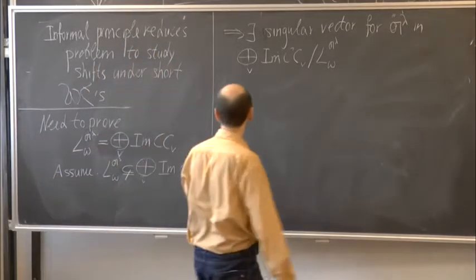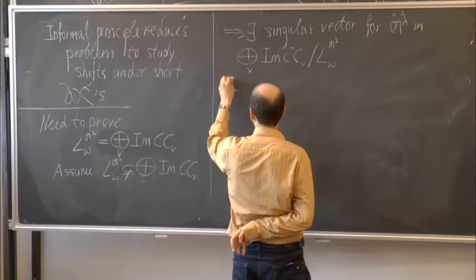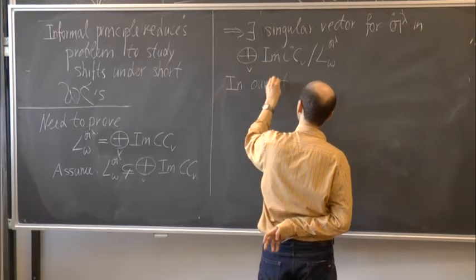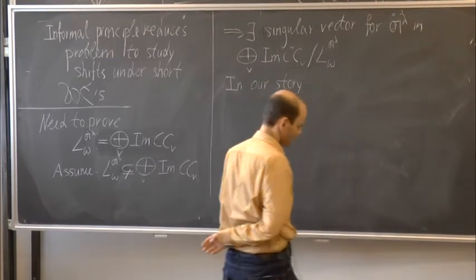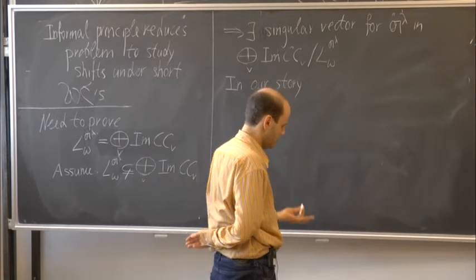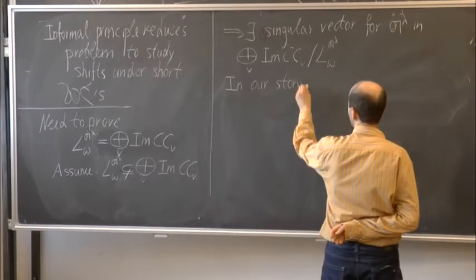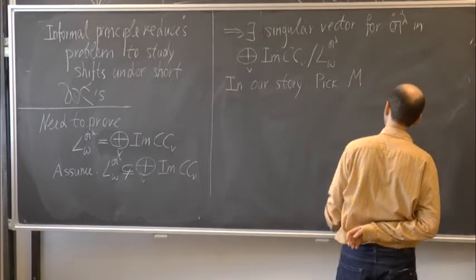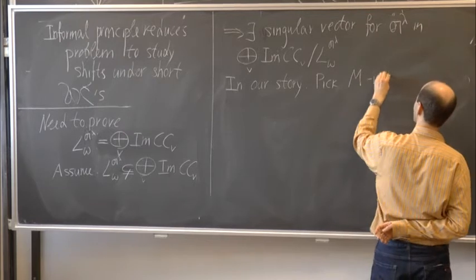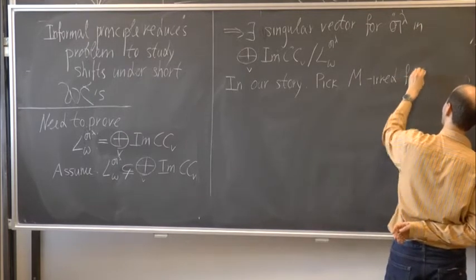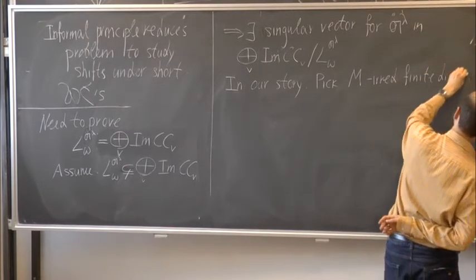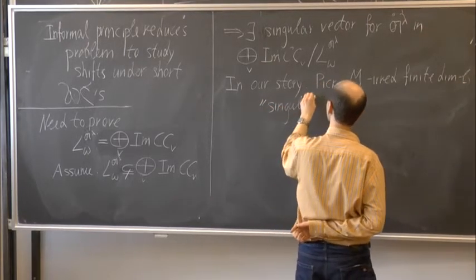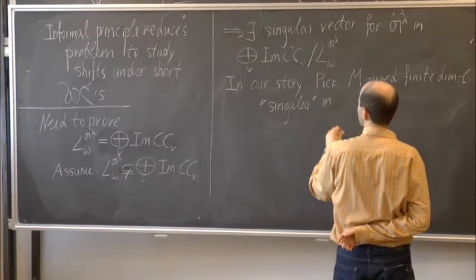However, what we need to do in our story, we need to use some argument of similar nature. So we should say that we want to pick an object M, which is irreducible, finite dimensional, and singular in this quotient.